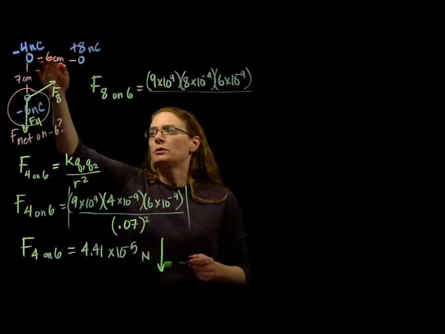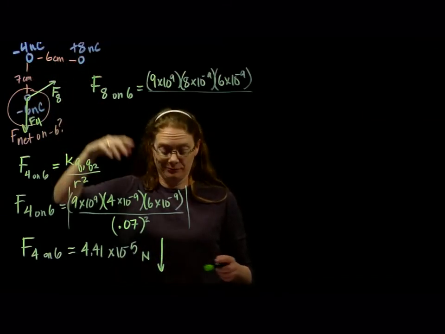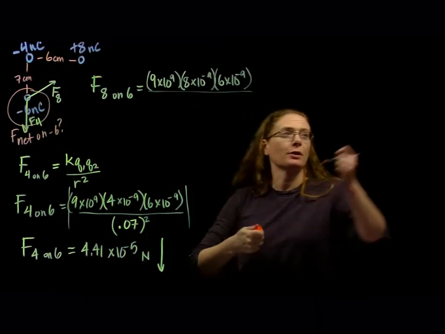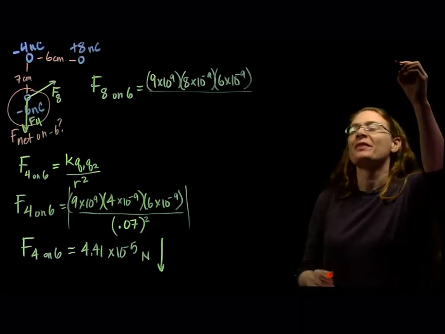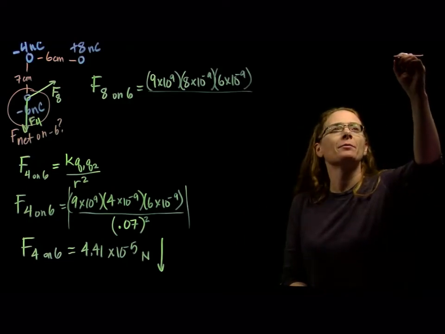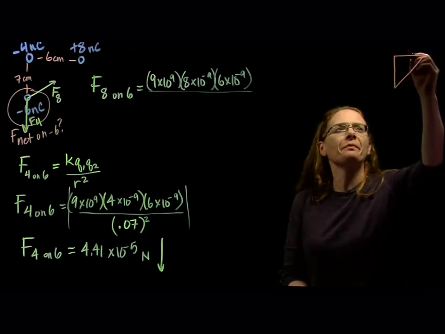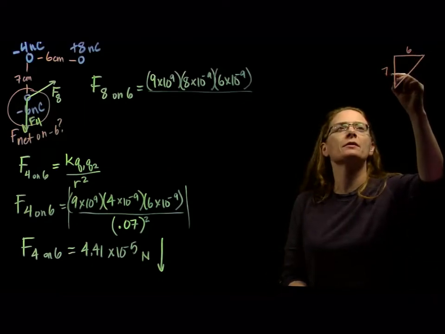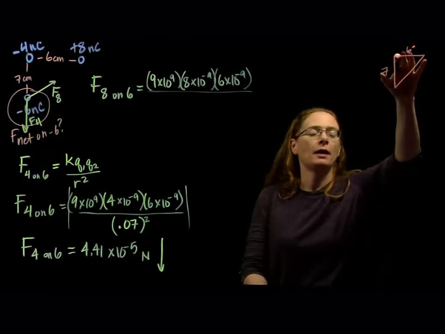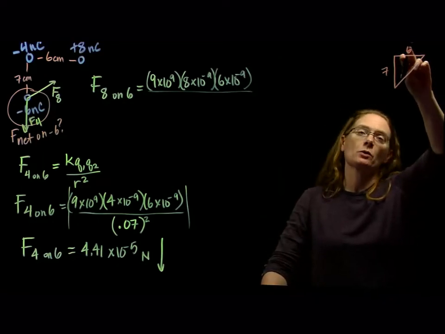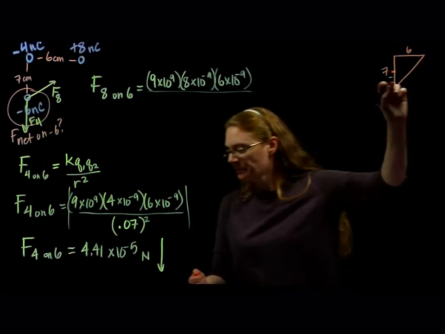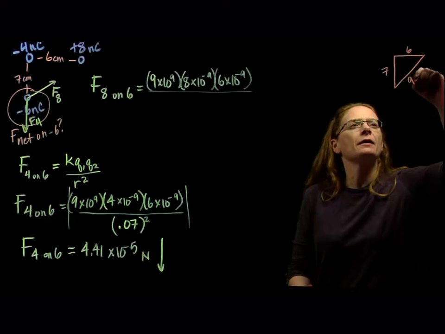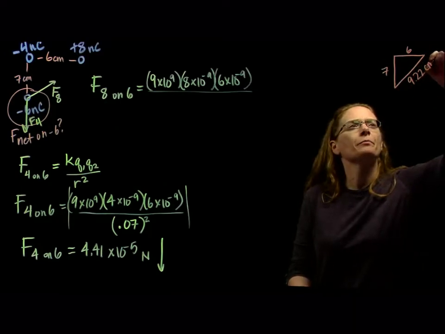Well, I know two of the three sides of the triangle. So what I typically do is, off in the corner of my paper somewhere, I will draw the triangle that I'm dealing with. So this is 6 centimeters, this is 7 centimeters, and I can do the Pythagorean theorem. 6 squared plus 7 squared equals this squared. And if I do that, this side is 9.22 centimeters.